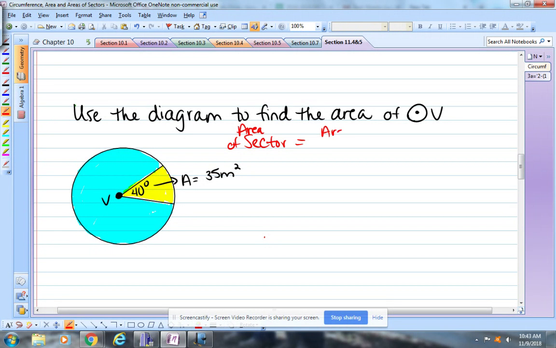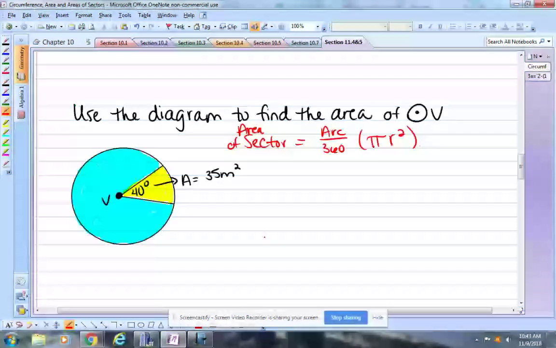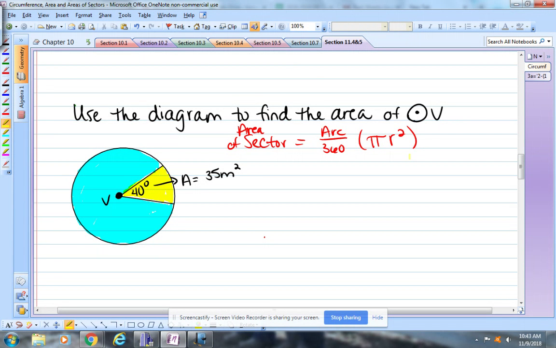Which was the arc length over 360 times pi r squared. Right? That was how we found the area of the sector. Now pi r squared, that part is the what? Pi r squared is what? Area of the circle. So if I know the area of the sector, I can plug that in on the left side and use that to help us find the area of the circle. Y'all see that?